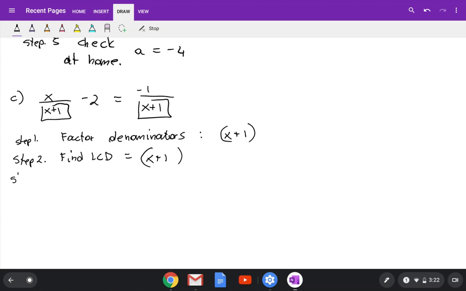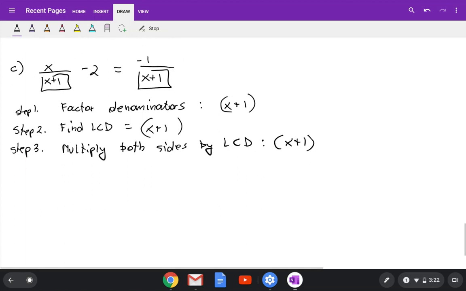Step 3, multiply both sides by the LCD, least common divisor, which is x plus 1. Okay, so we're having (x plus 1) times the left side of our equation, which is x over (x plus 1) minus 2.